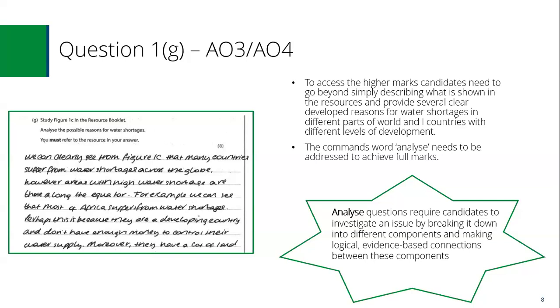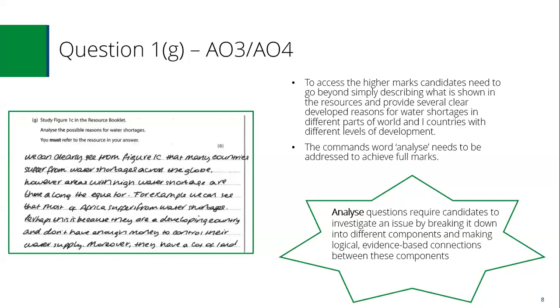The candidate here that you're reading through works through each location shown in the resource and explains why the region is likely to experience water shortages. They explain which of the factors is likely to be impacting each country, focusing on the population and average precipitation and sunshine hours. They've demonstrated the importance of precipitation and sunshine by linking to the rates of evaporation.